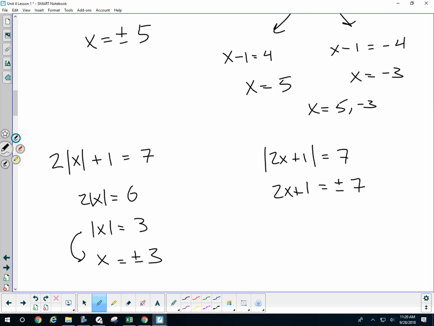The absolute value of negative 7 is 7, which means I have 2 equations to solve over here on this right one. 2x plus 1 equals positive 7, and 2x plus 1 equals negative 7. I add 1, I divide by 2, I get x could equal 4. Add 1, divide by 2, I get x could equal negative 3. So is it plus or minus 3? No. It's 4 and negative 3.